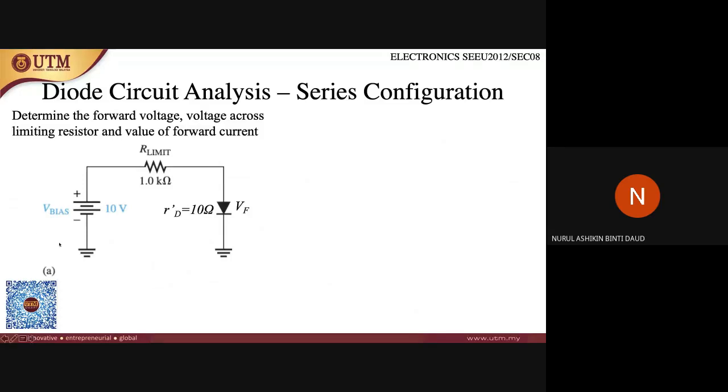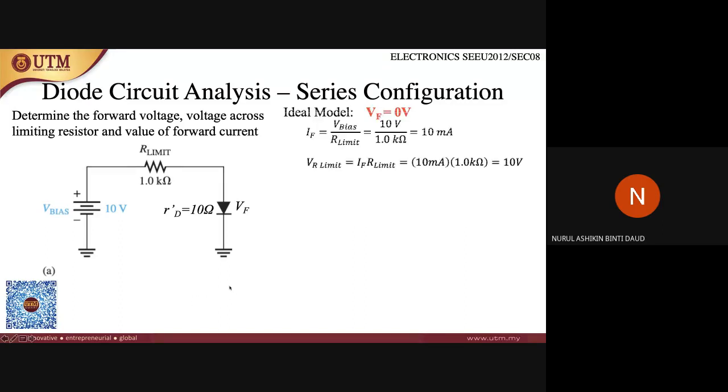This one has an RD, the resistance inside the diode. First of all, let's consider three kinds of condition: the ideal model, the practical model, and the complete model.